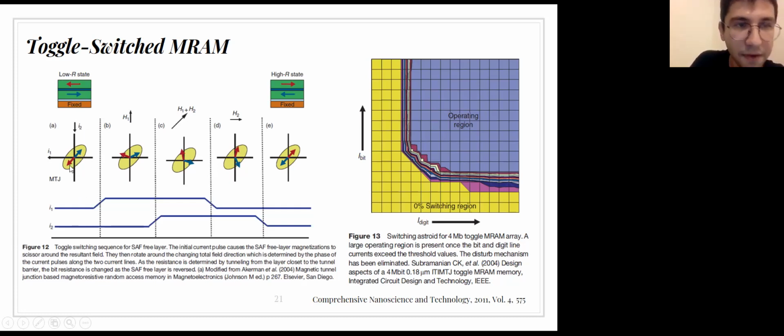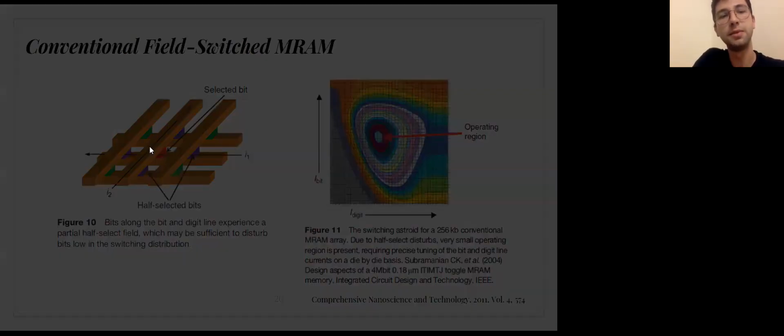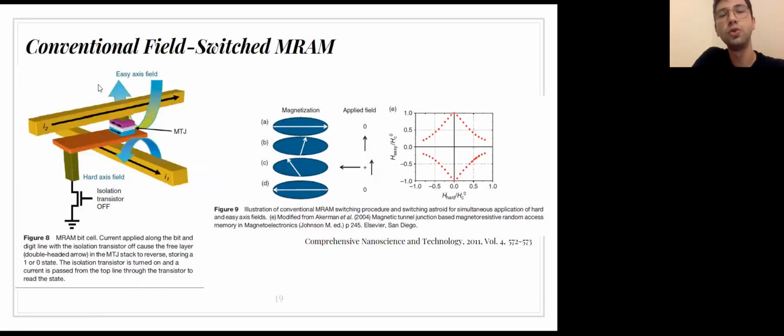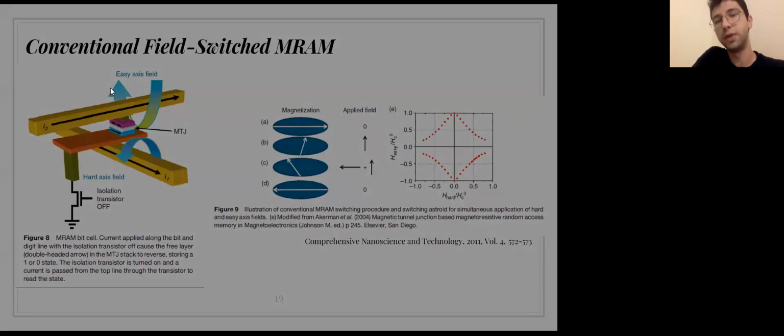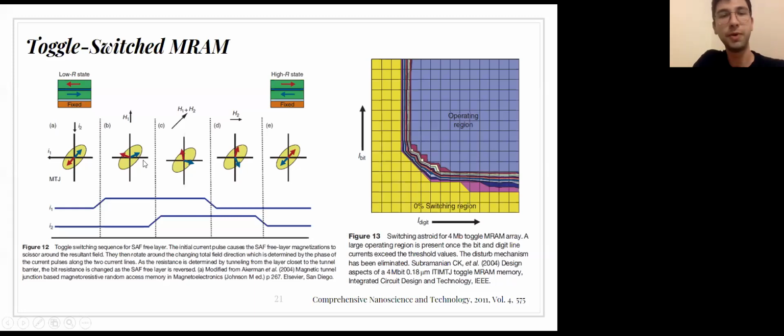In the first one we have an anti-parallel alignment of the lower and upper states. The most important part here is that in the previous one we had just one free layer on the top and a fixed layer at the bottom, but here we have two layers that we are about to switch, which makes us a little more secure to prevent the half-selected bits problem.